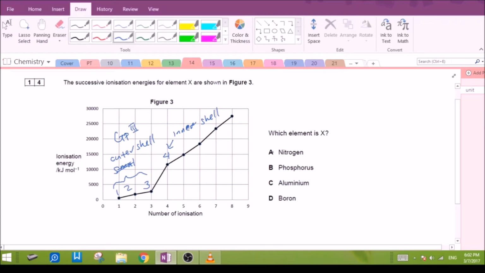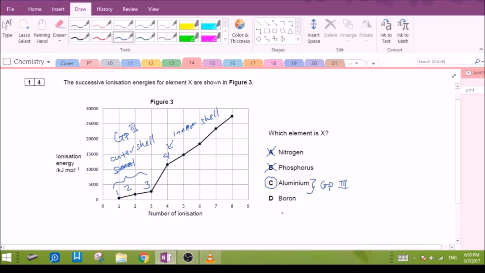So with that in mind, nitrogen is out. Nitrogen is from group 5. Phosphorus is also out. We are left with aluminium and boron. Both of them are from group 3. Right, so why is it aluminium and not boron?